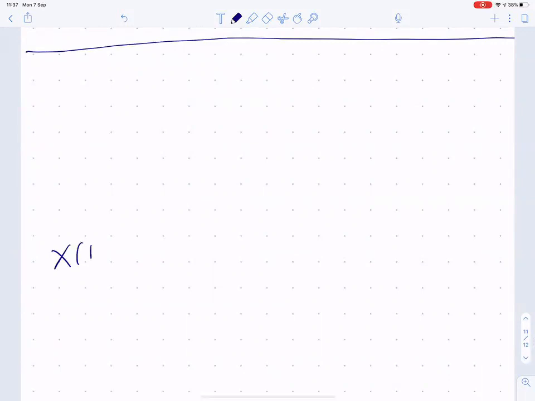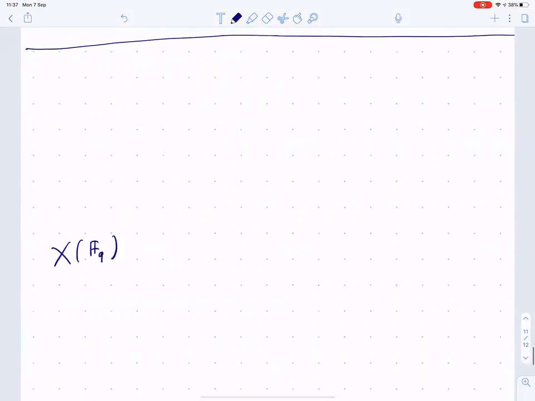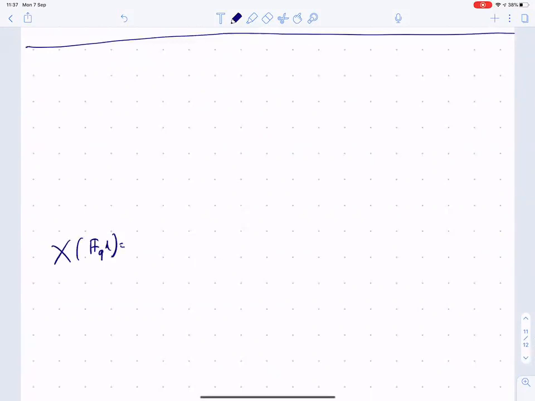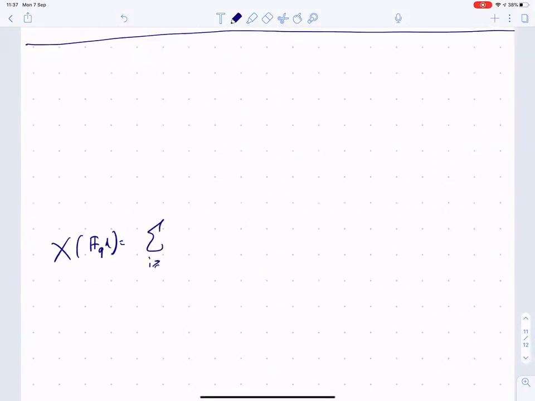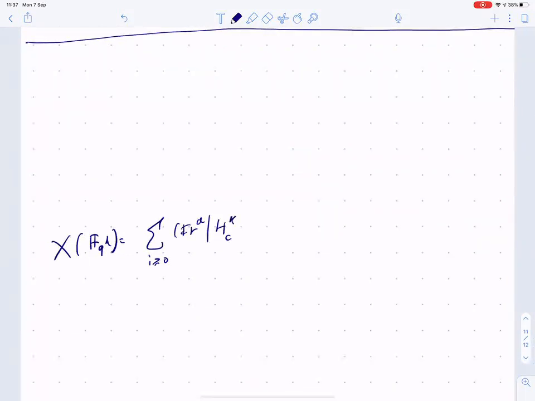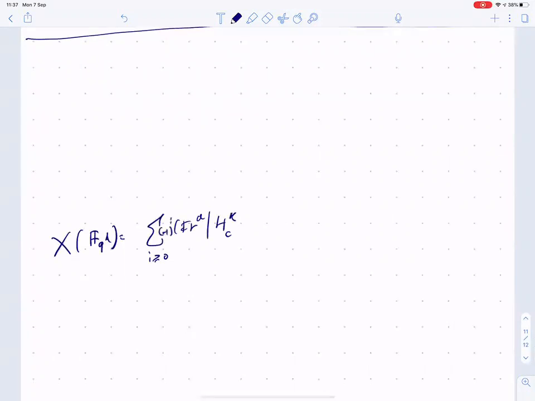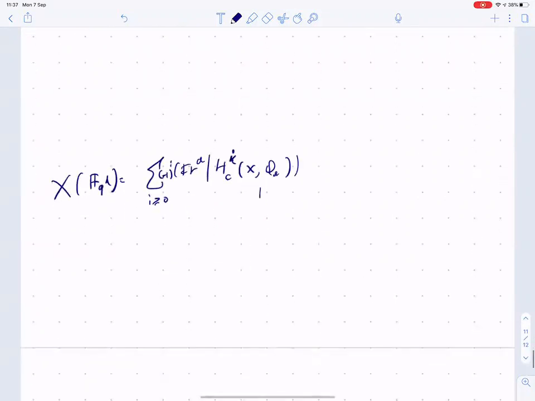What we had is that the number of points of X over F_q^d is the sum of Frobenius to the d applied on the k-th cohomology with Q_l coefficients, and the statement was about those eigenvalues. This was essentially the statement.